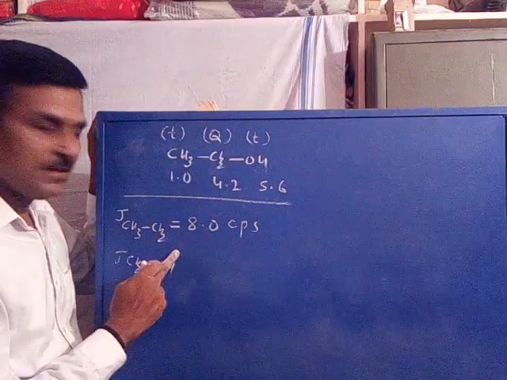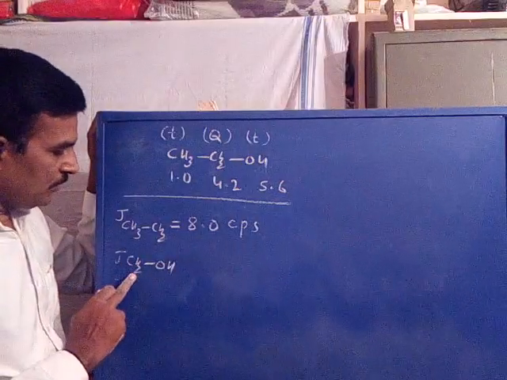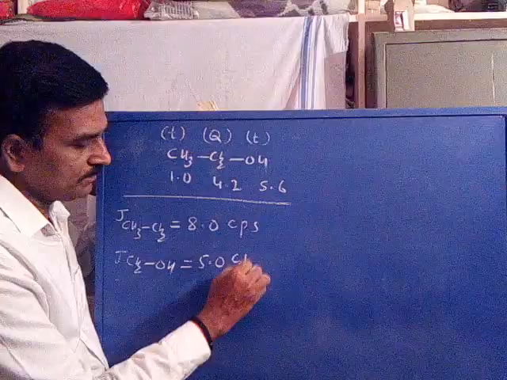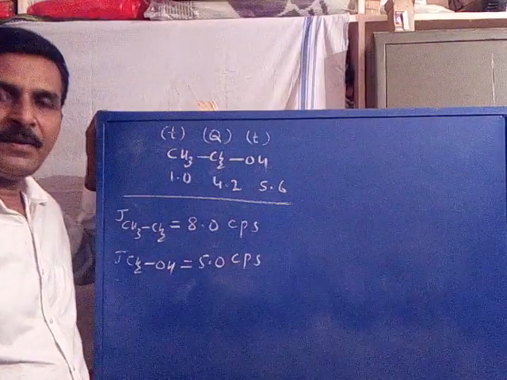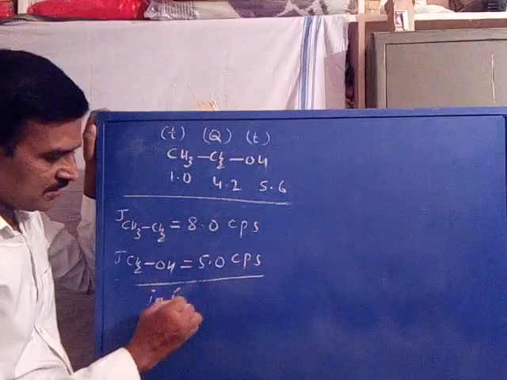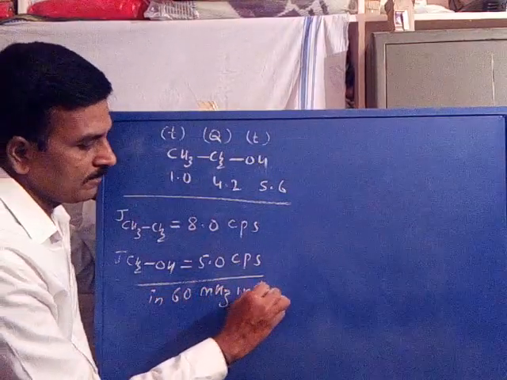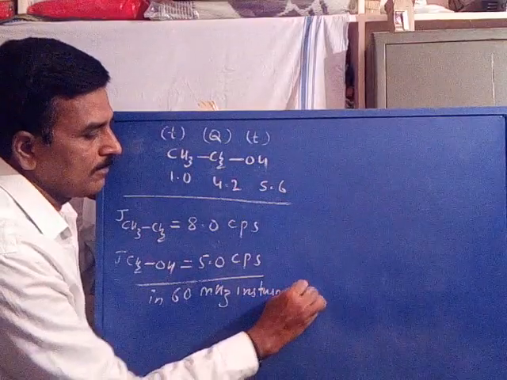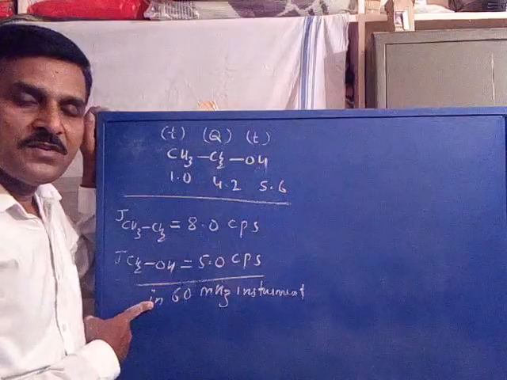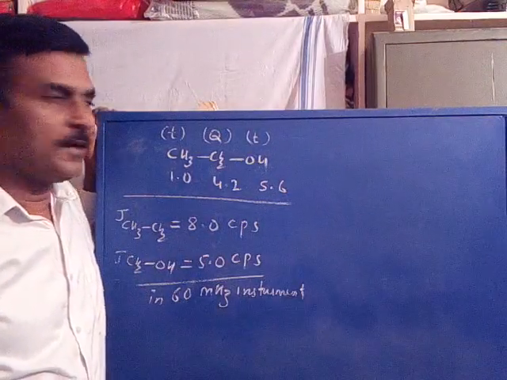CH3CH2 coupling gives a J value of 8.0, and for CH2OH it is equal to 5.0 CPS. These J values are recorded under a 60 megahertz instrument.